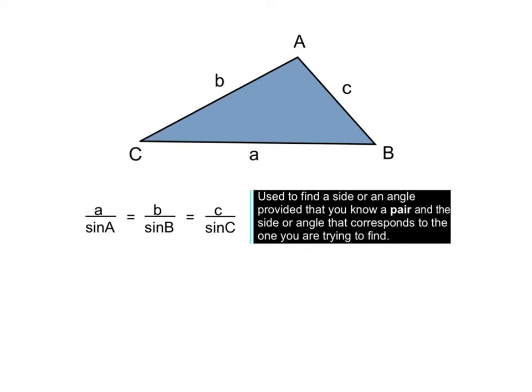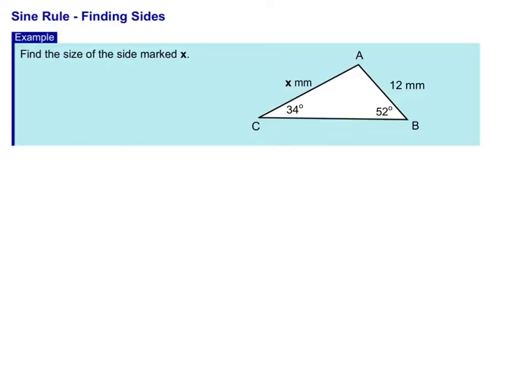So for example, if I was trying to find the value of A, I would need to know the angle A, and I would need to know either B and the angle B, or C and the angle C. Okay, so I don't need to know both of these pairs, but I need to know at least one of them to help me find this missing side.